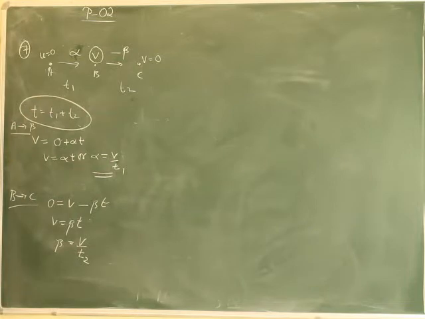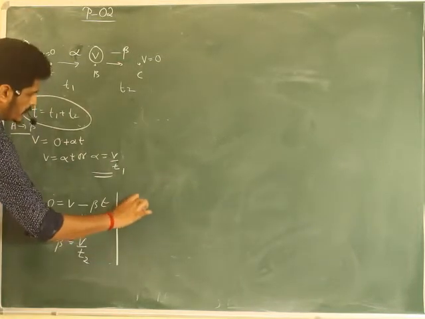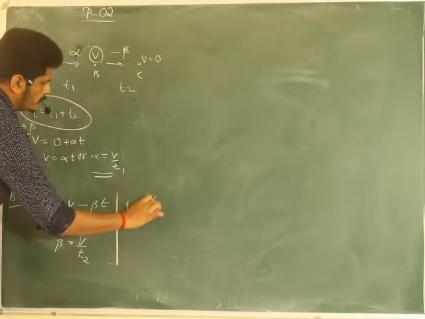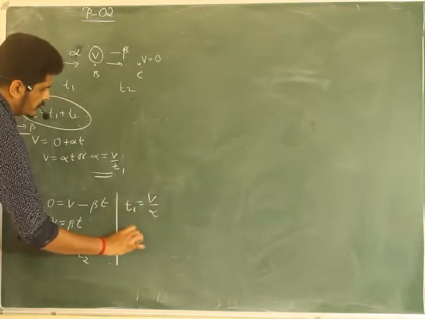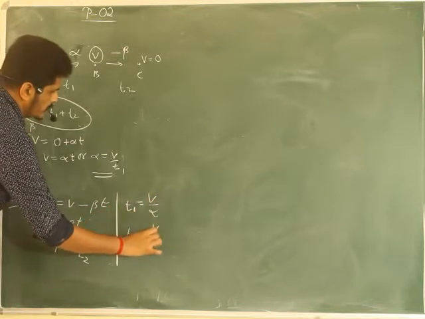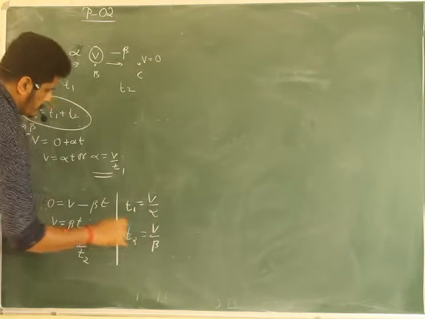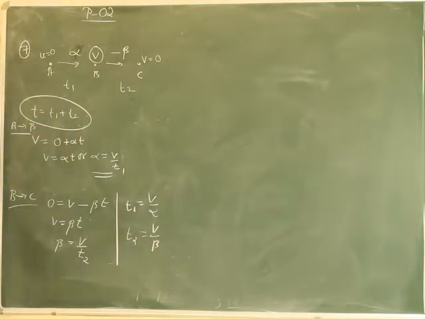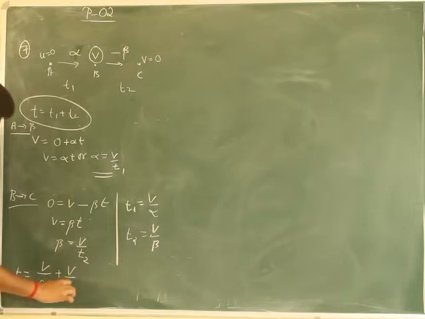So t1 is equal to v by alpha, and t2 is equal to v by beta. Now we add them: t is equal to v by alpha plus v by beta.